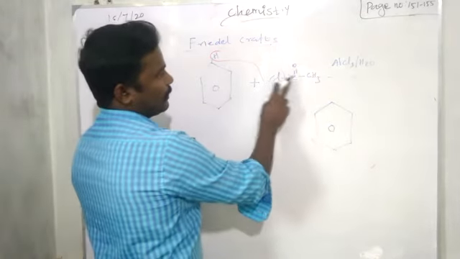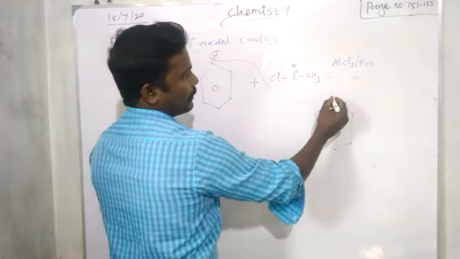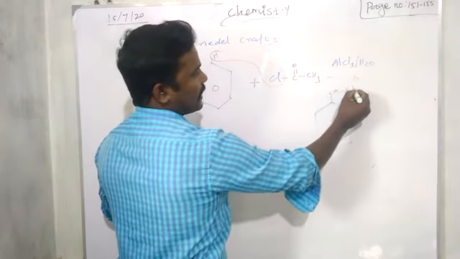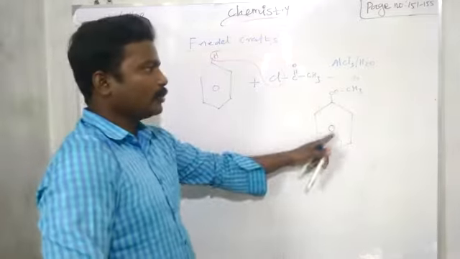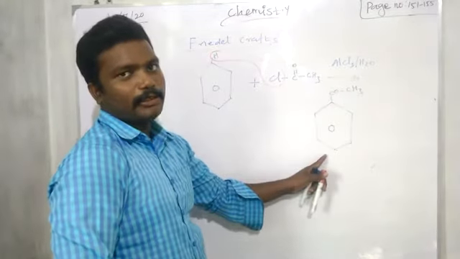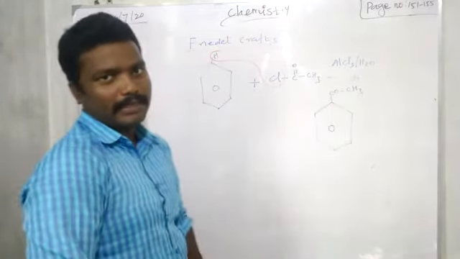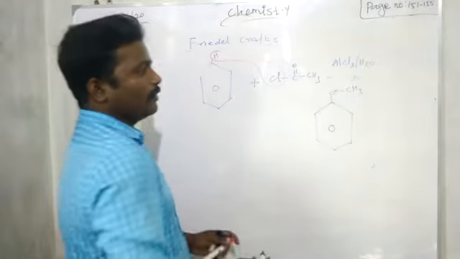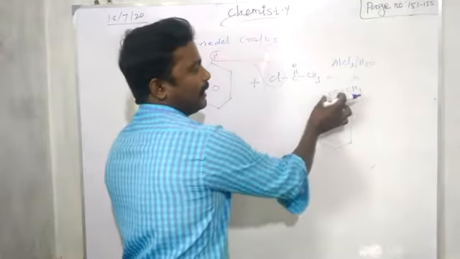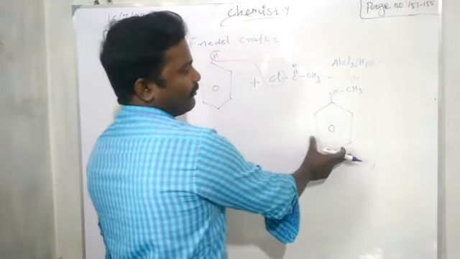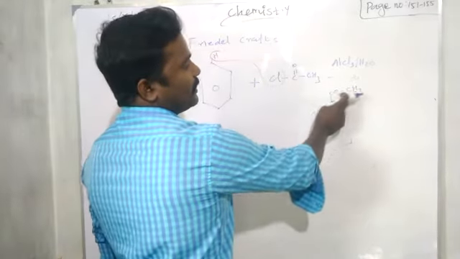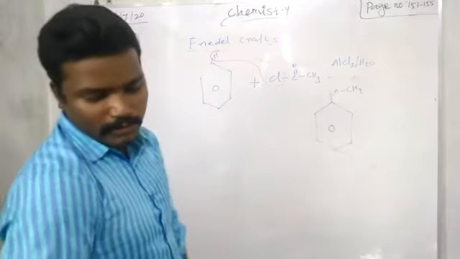Listen, here COCH3 is added. If you add COCH3, what is the name of this compound? This is a phenyl group, methyl group, so acetophenone, right? IUPAC name, how will you call it? Phenyl methyl ketone.